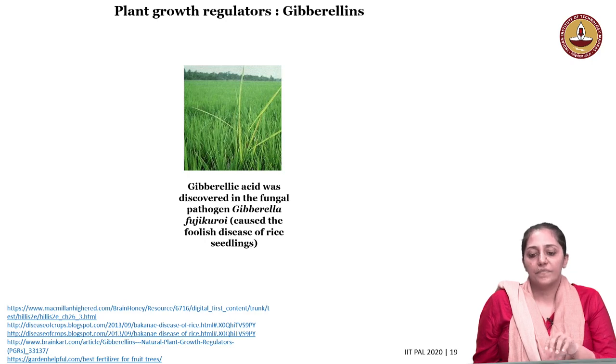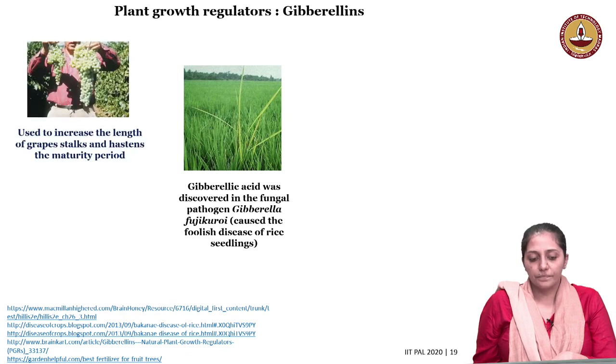Later, the same compound was detected in plants. In agriculture, gibberellic acid is used to increase the length of grape stalks. You can see the picture on the slide in the absence of gibberellic acid, and when gibberellic acid is sprayed, the wide difference in the length of the grape stalks. It also hastens the maturity period, for example from flowering to fruiting, which is beneficial in agriculture.